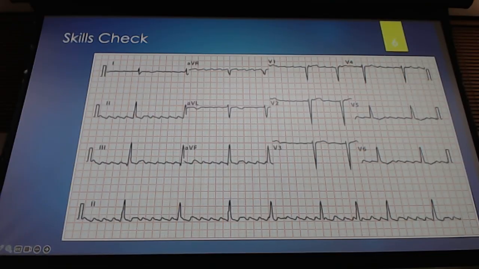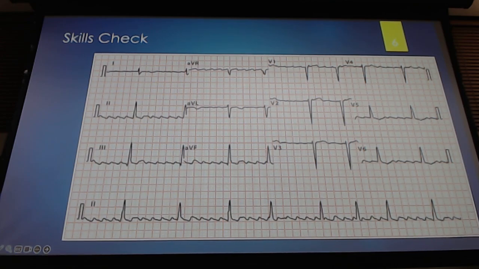We have atrial fibrillation. And then, again, if we look at this one, okay, the ventricular rate itself is not that fast. But we have a whole bunch of things in between those QRS complexes. And all those things are the flutters, where the atria are trying to depolarize, but the AV node is preventing all of those depolarizations from getting down to the ventricles.